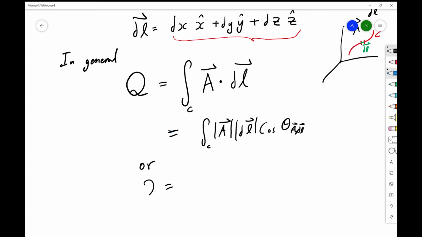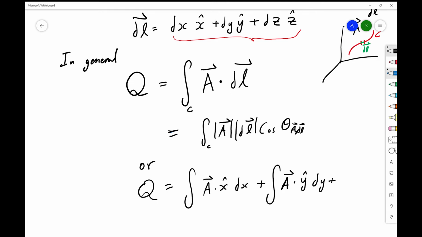So I can write Q as equal to three integrals: an integral of A dot x hat dx, plus A dot y hat dy, plus A dot z hat dz. So this is another practical and much easier way of doing this integration.